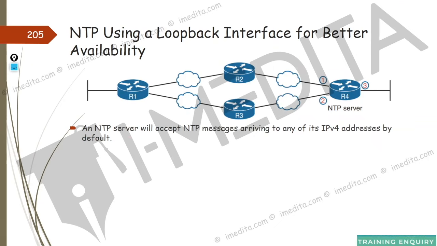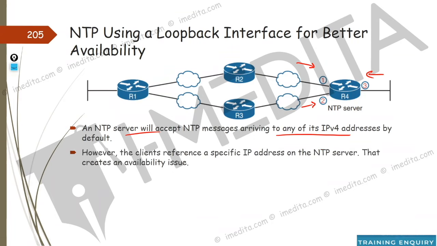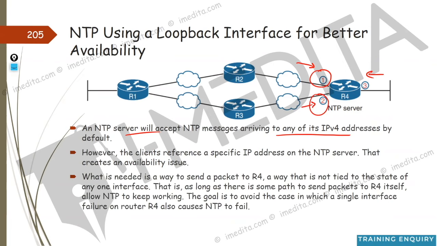Now, I told you an NTP server will accept NTP messages arriving to any of its IPv4 addresses by default. So R4 will accept NTP messages coming from interface 1, 2, 3, whichever interface it comes from. However, there is an availability issue if you reference a physical interface, because if the physical interface is not available, the NTP clients won't be able to communicate with R4.